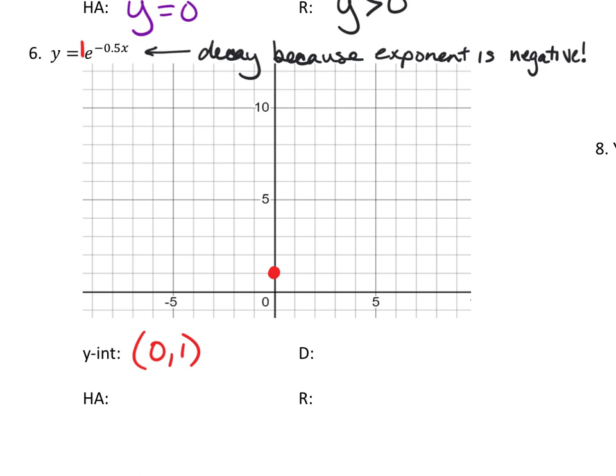So we really just need to know where our next coordinate point is. What I want you to try to do is fill in this formula with the number 1 right here. So what we're going to do in our calculator, just to get one more coordinate point, is type in 1e to the negative 0.5 times 1 power, because we want to see what's happening at the x value of 1. We're just plugging in numbers so I can get the correct direction.